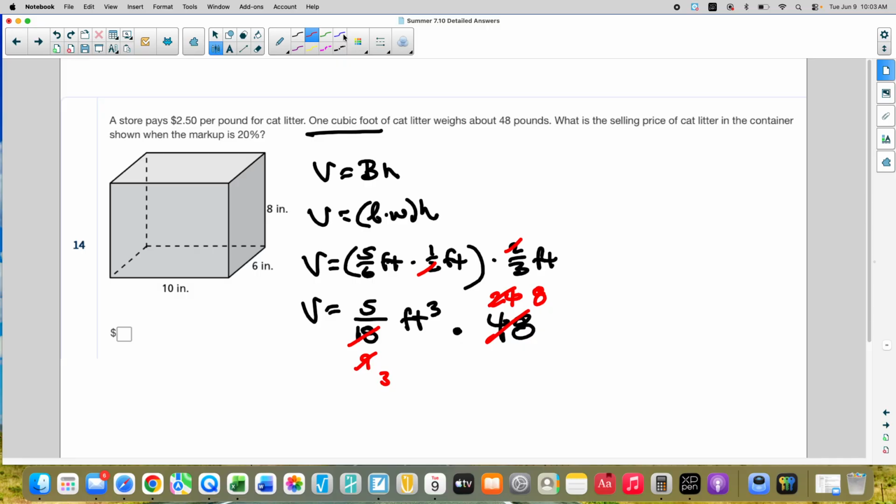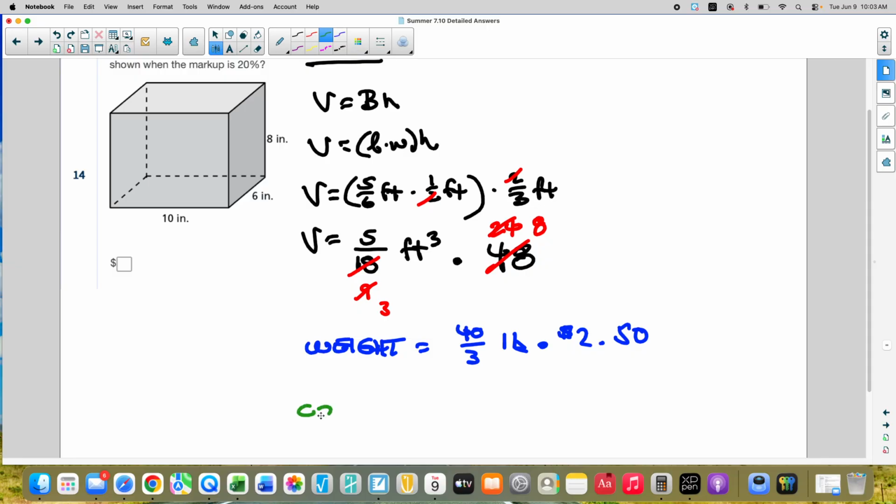And so our weight is going to be 40/3 of a pound. 40/3? Yeah, 40/3. And we're going to multiply that by $2.50. So let's do 40 divided by 3 times 2.5.